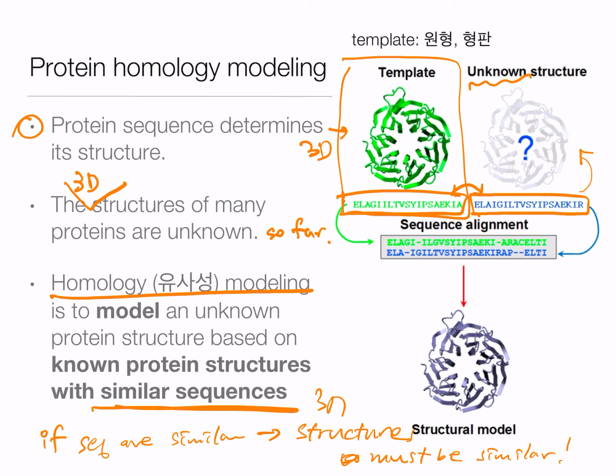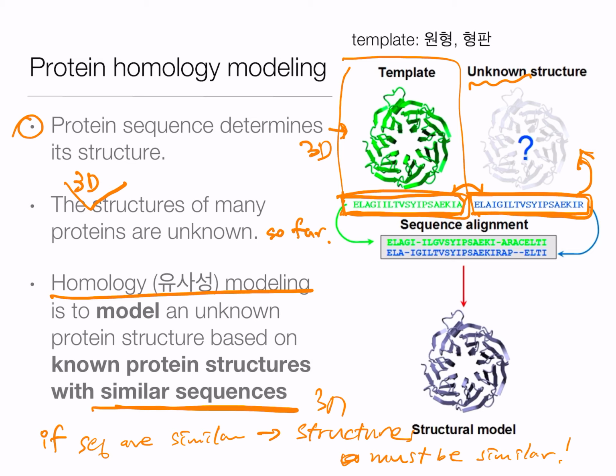Let's say you only have a sequence and you don't know its structure. Then what you do is go to the PDB database and search for a similar sequence. Luckily, you found one structure.